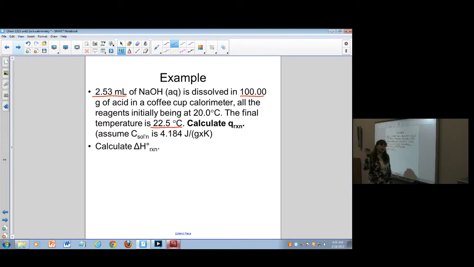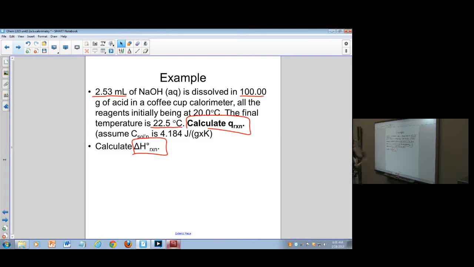Now, everything is happening in one container here. So the final temperature is 22.5, and we're going to calculate the Q of the reaction and eventually the delta H of the reaction, or the enthalpy.